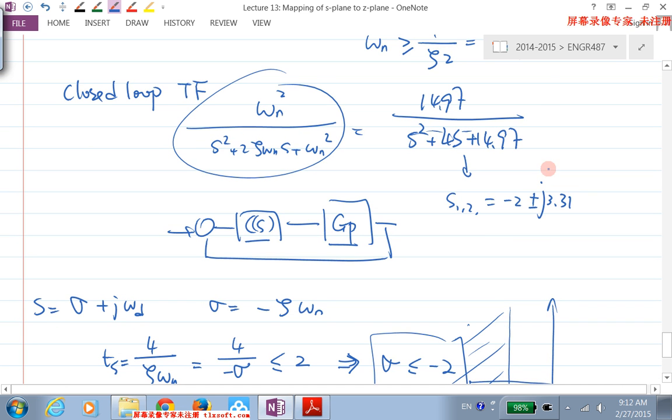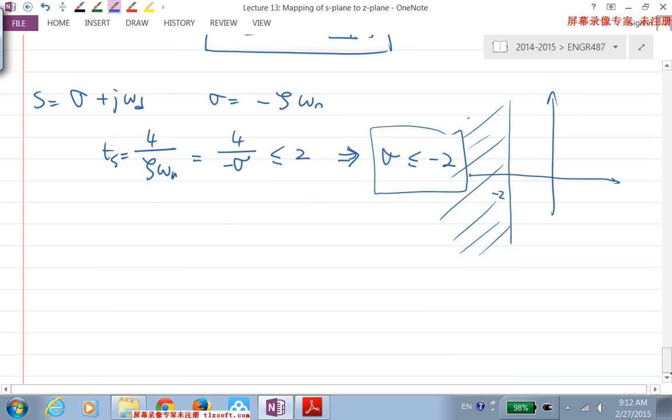This is my pole location in the continuous system, and the same question is: where will the pole location be in the discrete domain to give me the same settling time or percentage overshoot requirement? So what do we use? We always stick to this formula, e to the power of sT.